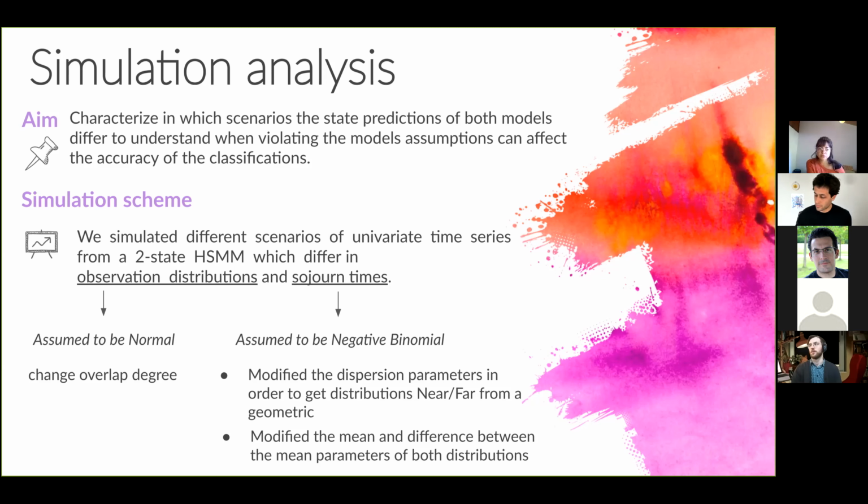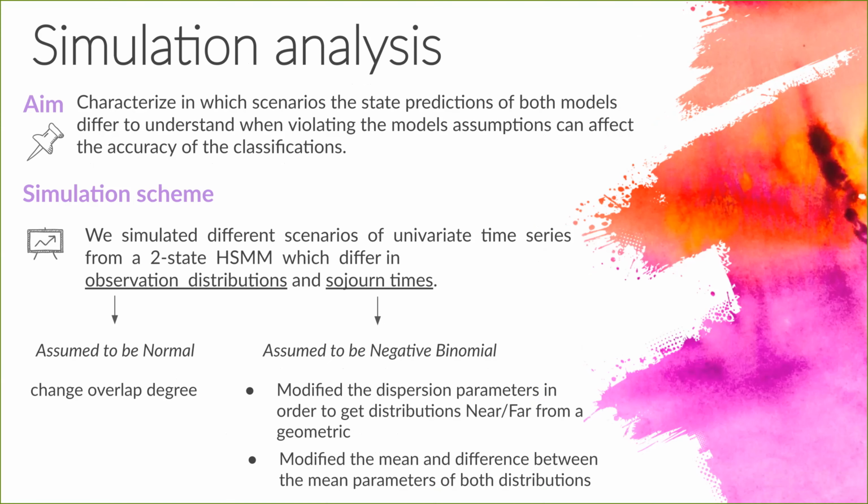For the observation distributions, we assumed that both were normal, and we changed the overlap degree between both. And for the sojourn time distributions, we assumed that they were negative binomial, and we did two different things. First, we modified the dispersion parameter in order to get distributions near or far from a geometric.